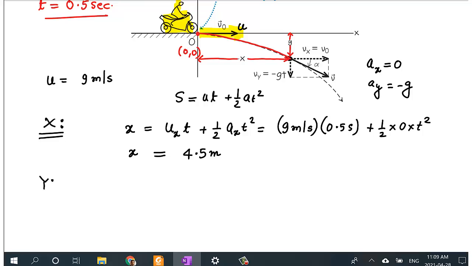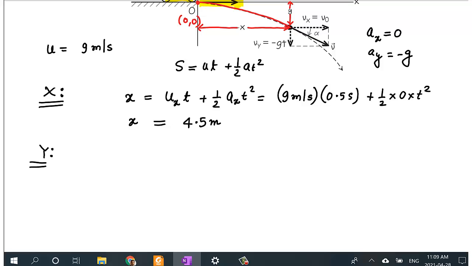Now what about the y coordinate? We can apply the same expression in the y direction, that is y equals u_y t plus half a_y t square. Now in the y direction there is no velocity initially, because the total velocity is in the x direction and the magnitude is 9 meters per second.